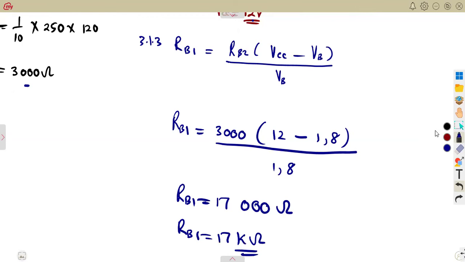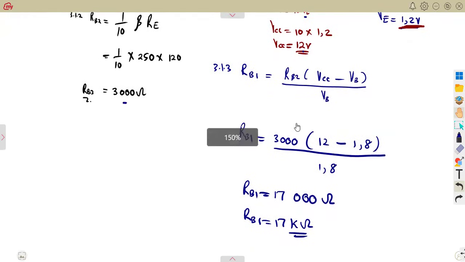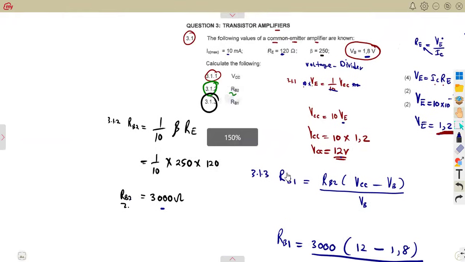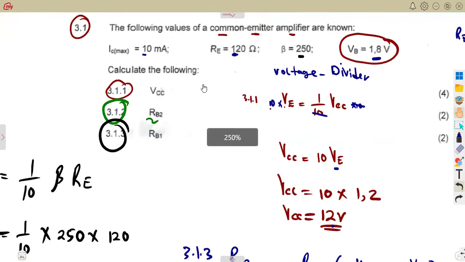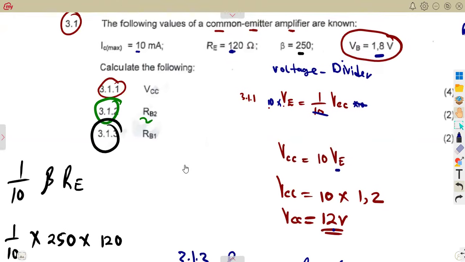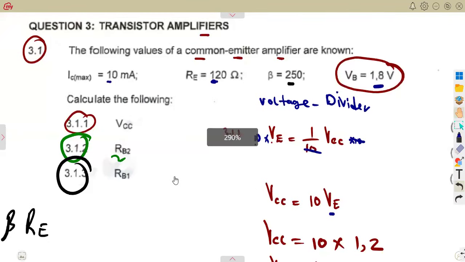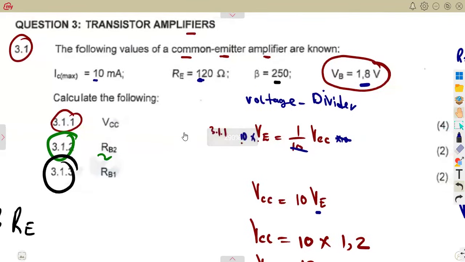But they need you first to understand these calculations separately. This will be a first question, maybe in an exam. 3.1, they will give you to calculate this. 3.2, they will need you to use these values in the calculation of the H parameters. So you must be able to understand these calculations before we talk of the H parameters. So that's what we had, guys. Till we meet again.